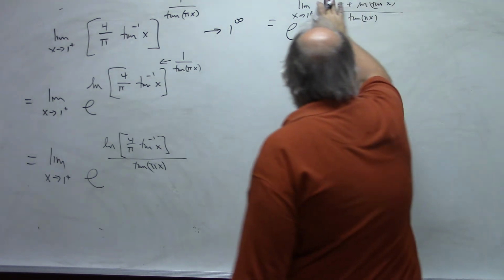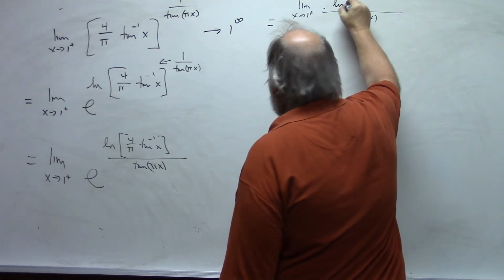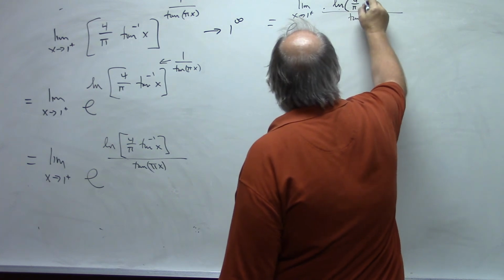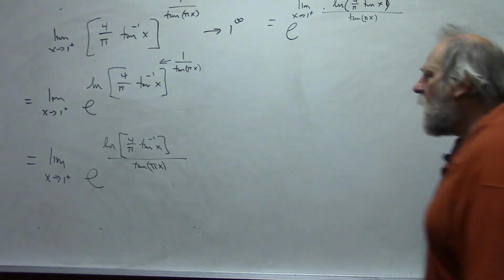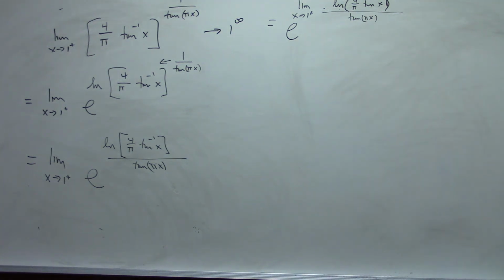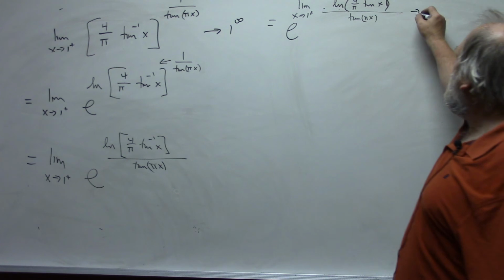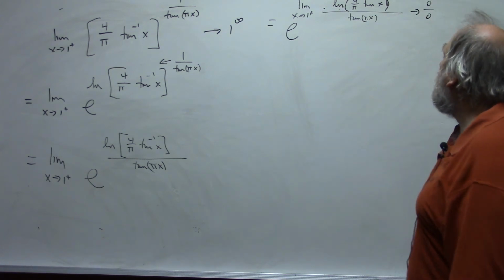Actually, let me leave this alone. You probably would leave it. And then notice here that this becomes a 0 over 0 form. I'll just do it that way, it's easier.